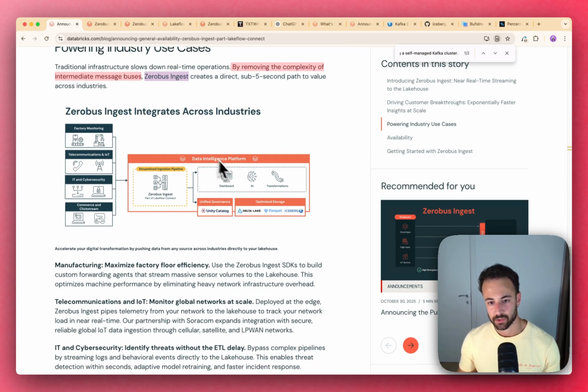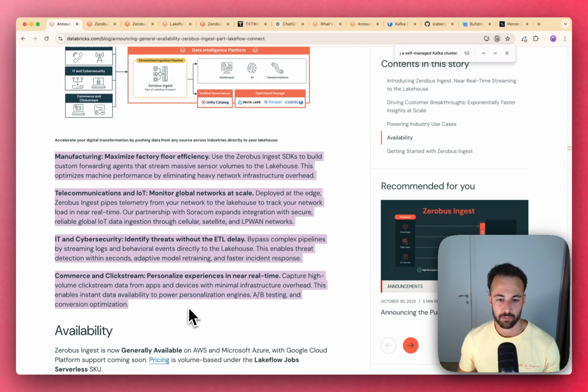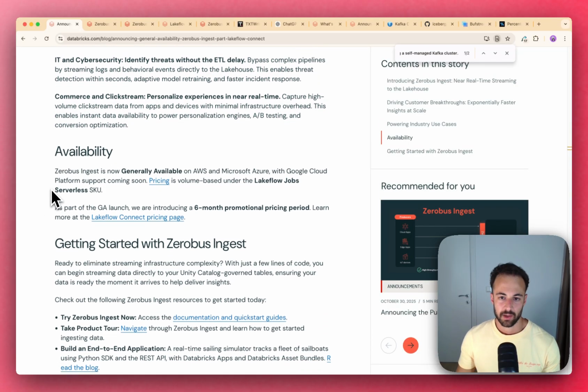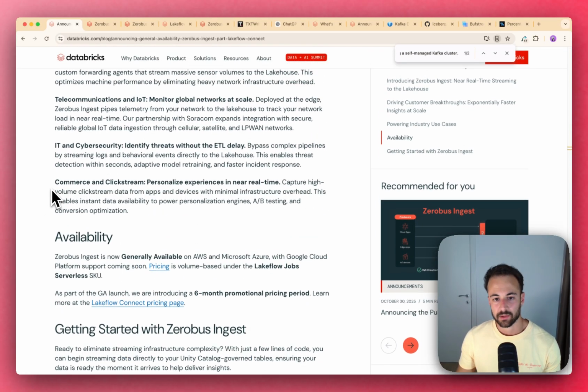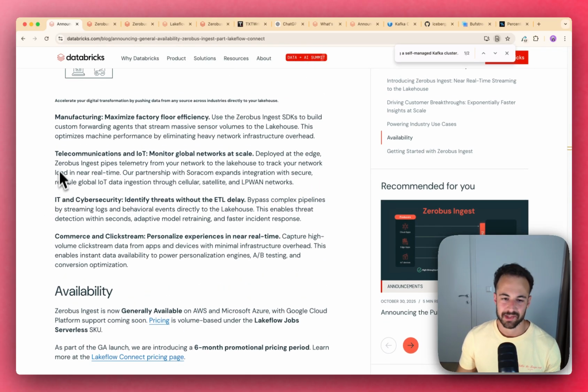Zerobus Ingest integrates across industries. It's just industrial marketing. I never read this. Or should I read it? Well, actually, let's read it. Maybe I'm wrong here. Manufacturing, maximize factory floor efficiency. Use Zerobus to build custom forwarding agents that stream massive sensor volumes to a lakehouse. This optimizes performance by eliminating heavy network infrastructure overhead.